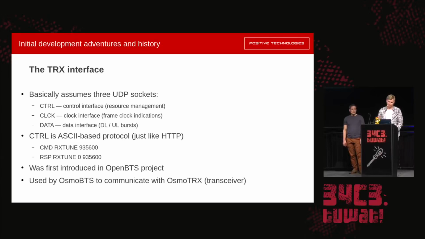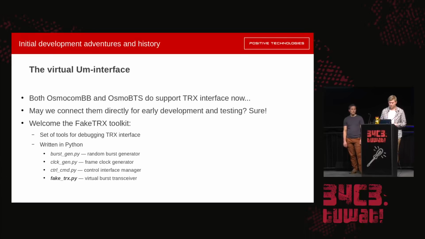Basically, it assumes three UDP sockets: one for resource management, another for frame clock indications, and another for the actual bursts. We implemented these in the TRXCon application, and now both the Osmocom BB and Osmo BTS projects support the TRX interface. So maybe connect them together for early development and testing without actual hardware.